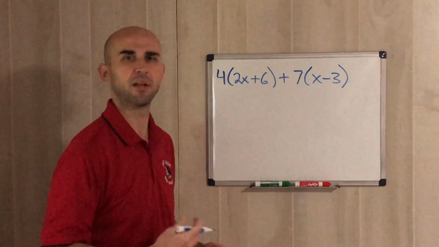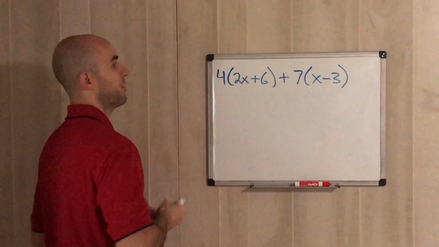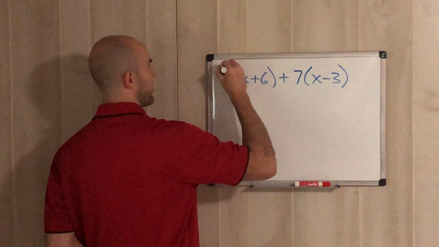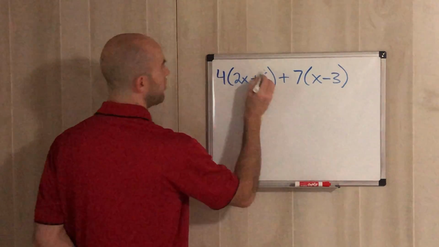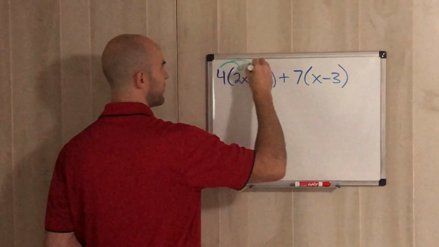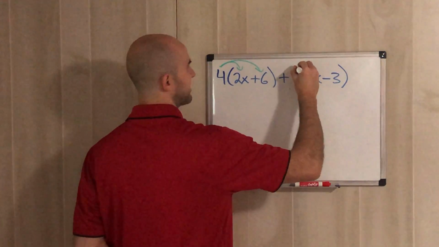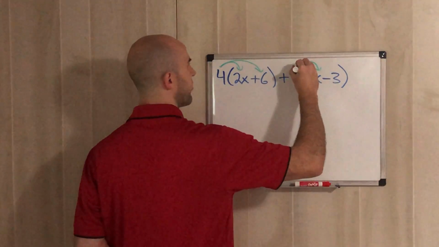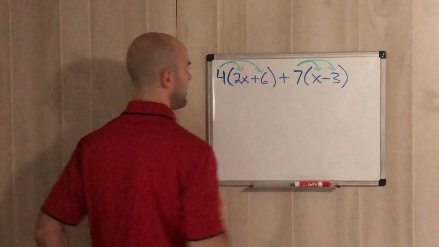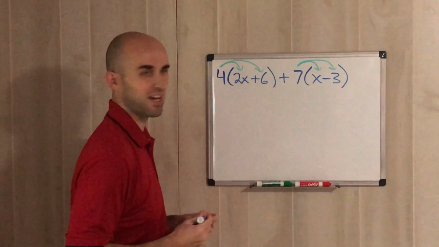Again, it looks more complicated, but you guys can do this because now instead of just doing distributive property once, you're going to do distributive property 2 times, right? So the first part, this 4 only applies to that first part, right? So 4 goes to the 2x, 4 goes to the 6. Over there, we know that the 7 goes to the x, and we know that the 7 goes to the 3. So break it up into 2 problems, right? You have the first part, you have the second part.